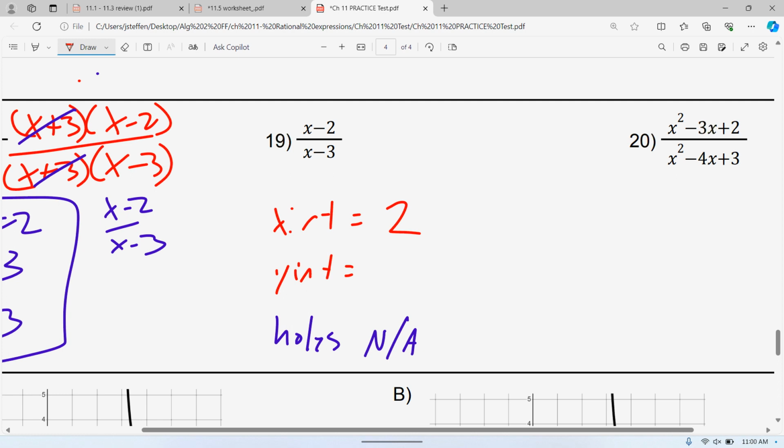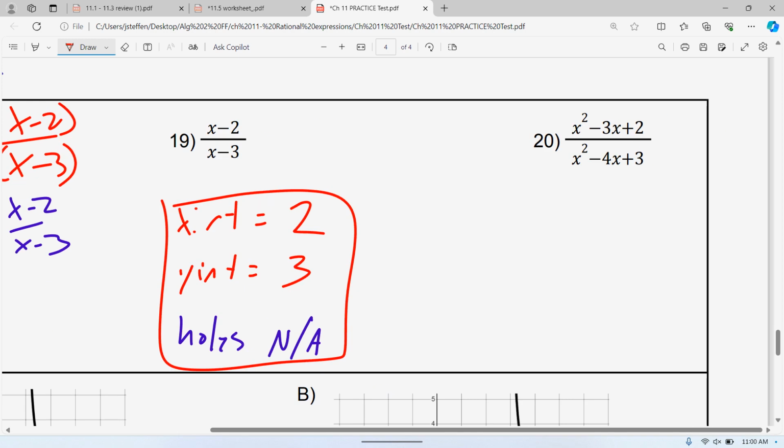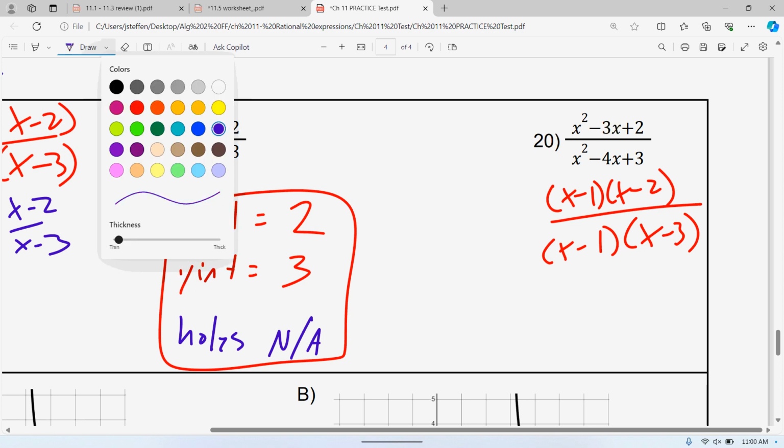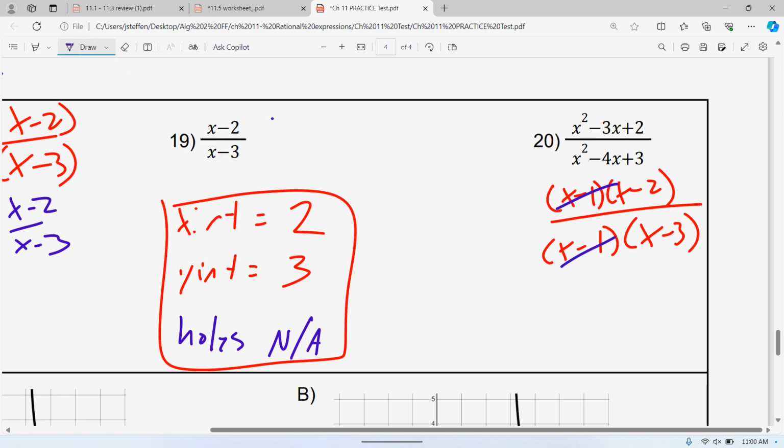And the last one, factor out both of those. That's x minus 1 times x minus 3. They multiply to be positive 3, add up to be negative 4. The x minus 1's cancel, so we do have a hole at x is equal to positive 1 because it makes that 0.